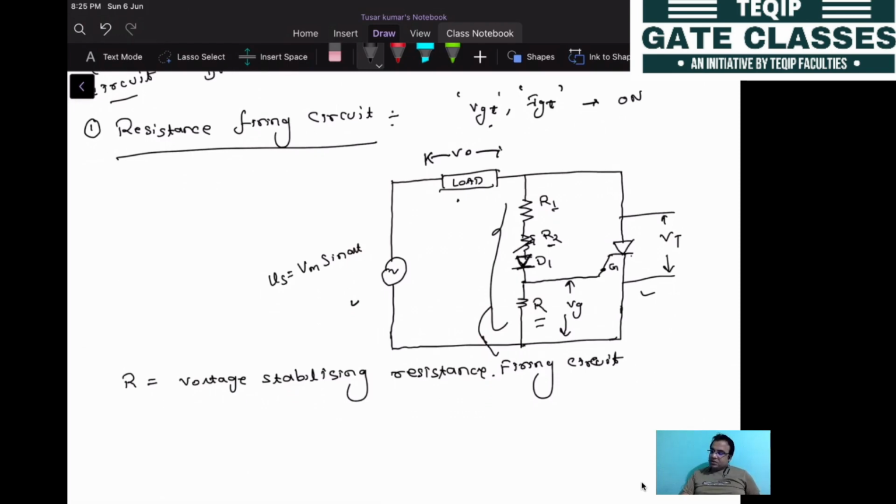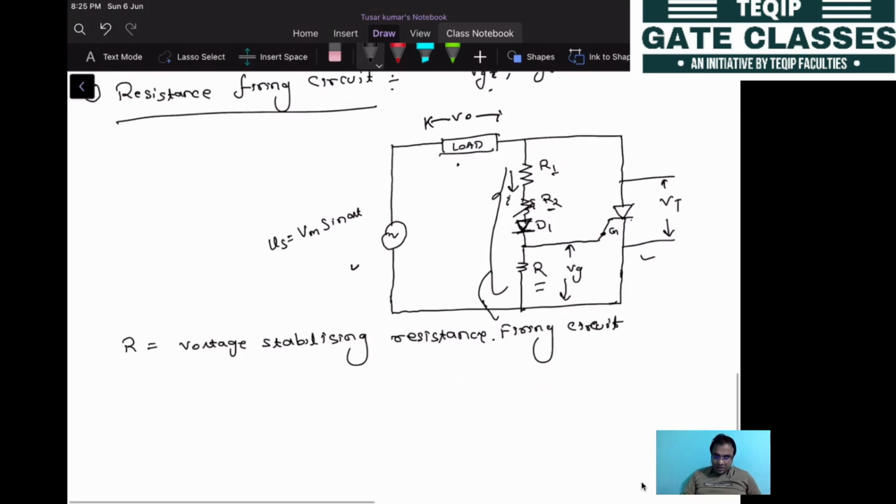The current flowing through here, let's say it is I. Initially, because R2 is a variable resistance, let's say R2 equal to 0, means it is kept at the minimum position. If R2 is kept at minimum position, what will be the current I? The supply voltage Vs is the RMS value, this is Vm sin omega, so we consider the maximum voltage Vm.